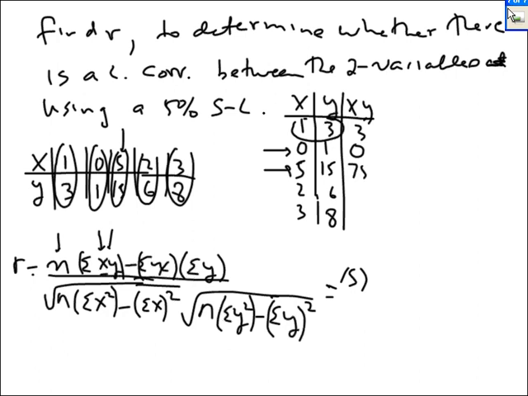I'm just multiplying x and y. 2 times 6, 3 times 8, 24. Then I add these up. These two are 15, plus 0 is 15, plus 75 is 90, plus this is 113.